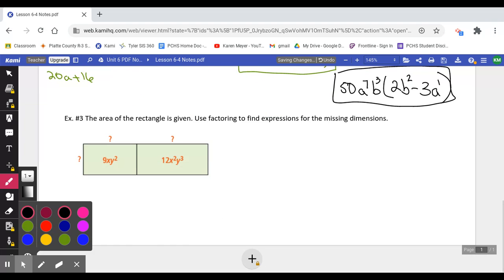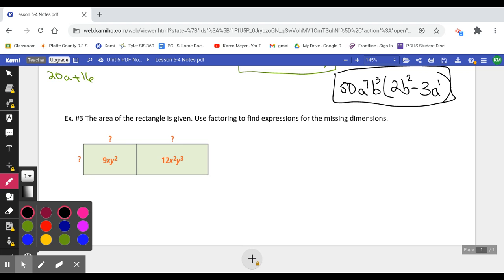And the last one we have here, okay, this time I'm still asking you to tell me the GCF and what it looks like. It's just kind of set up in a different way. So what you want to do is you're looking at 9x y to the 2nd and 12x to the 2nd y to the 3rd.